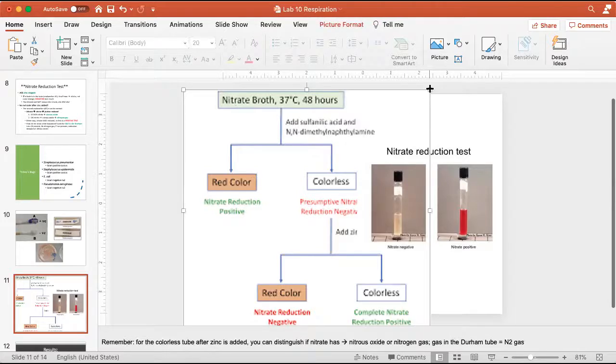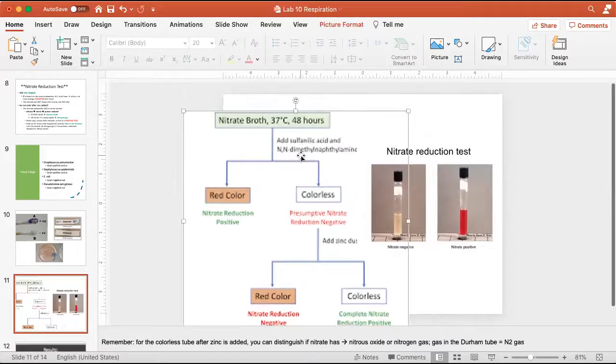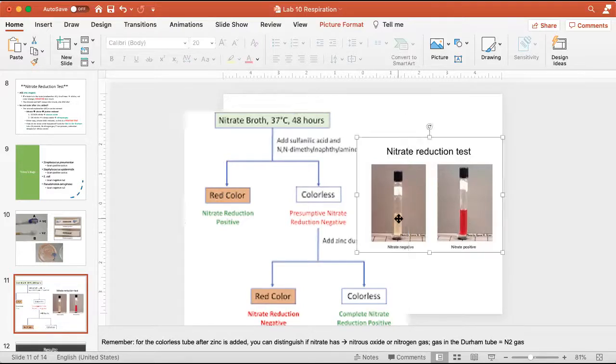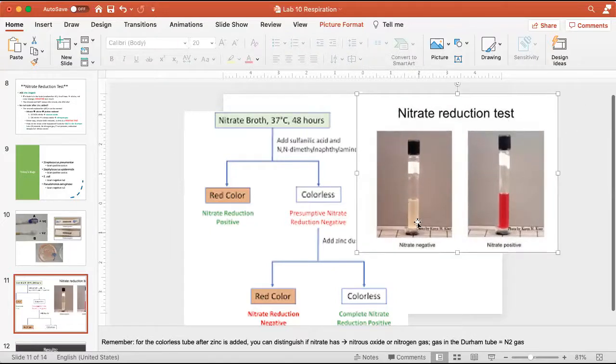You don't need to know those names. When you add those reagents, one of 2 things is going to happen. Either the tube is going to turn red or the tube is not going to turn red. That's the only 2 things that can happen. This is what the tube looks like when it stays beige, right here. This is what the tube looks like when it turns red. It's a very obvious color change.